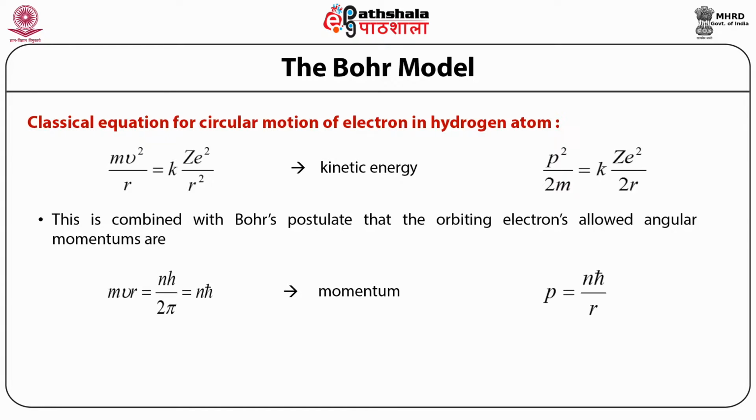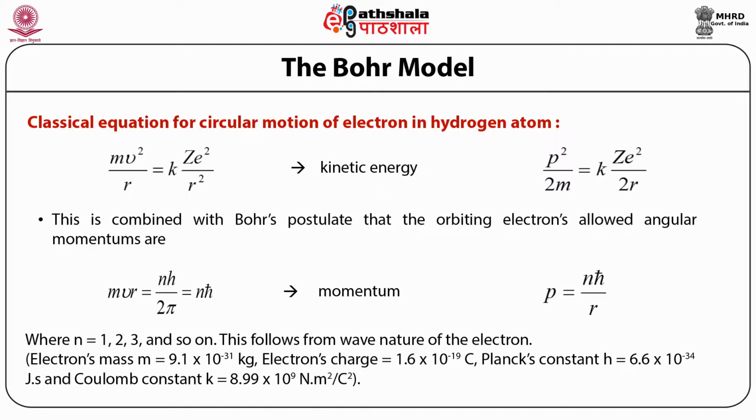So that must be an integral multiple of h by 2 pi, where h is Planck's constant. And it is usual to denote h by 2 pi by h cross. So we write mvr, the angular momentum of the electron, is equal to an integral multiple of h cross.